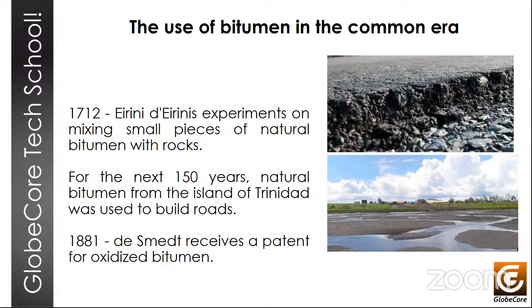However, the invention and development of the oil distillation process quickly ended the era of using natural bitumen. At first, a mixture of natural bitumen with oil distillation products was used, and later on, preference was given to distilled bitumen. This was facilitated by the research of de Smet, who in 1881 patented the technology of blowing hot air through bitumen, and so produced so-called oxidized bitumen.